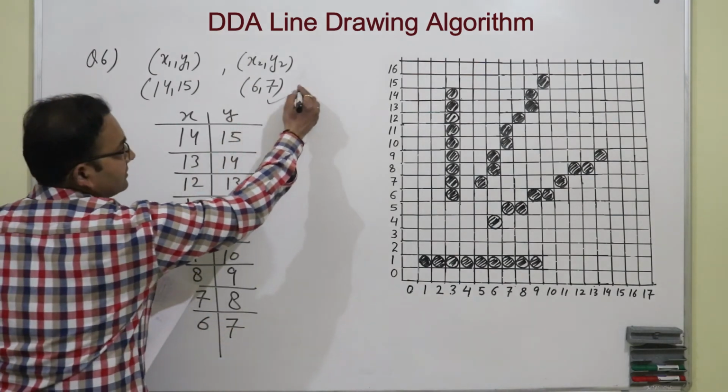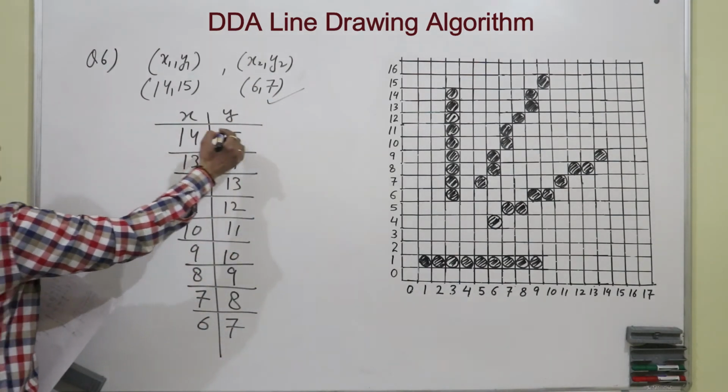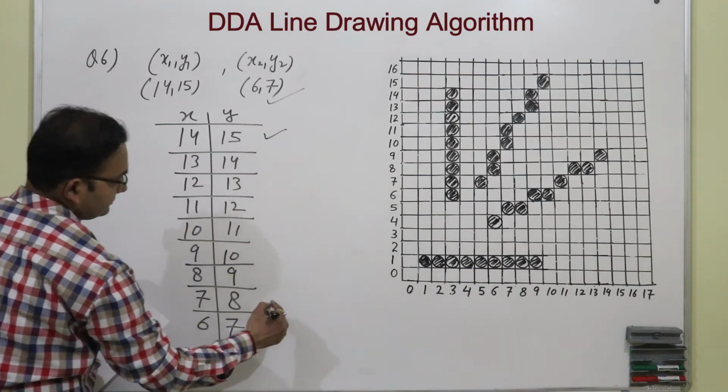So 6, 7 is the last coordinates and this is initial coordinates.